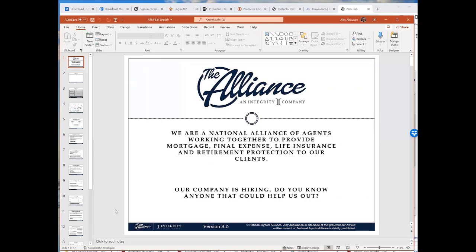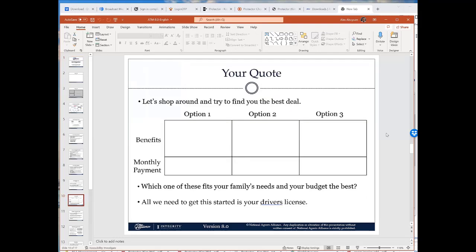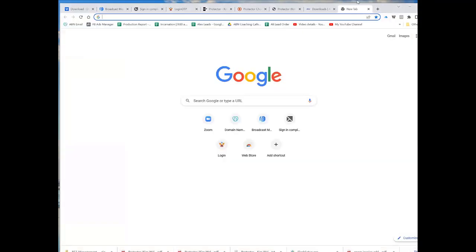So the proposal sheet is right here. So you had option 1, option 2, option 3. So this is kind of our mode when we talk to clients, is we show them a 3-option close, right? And so let's go back to the whiteboard.